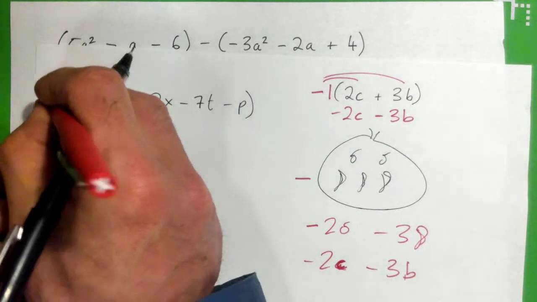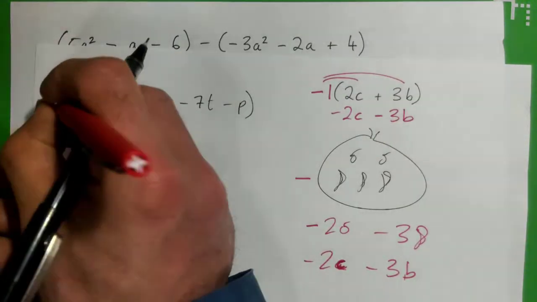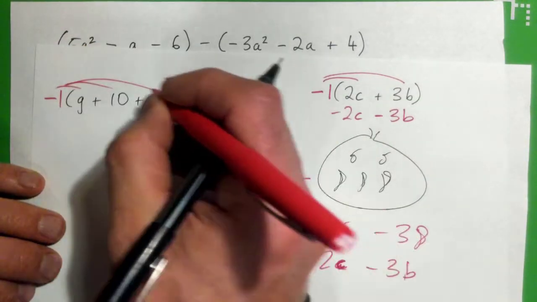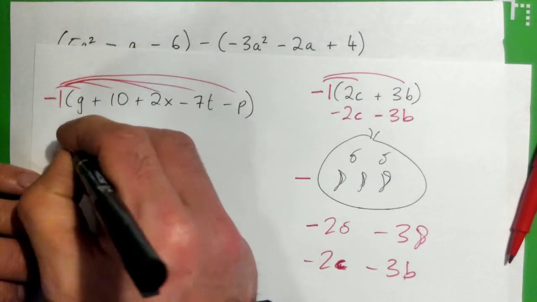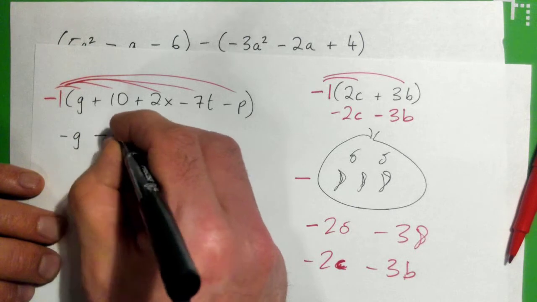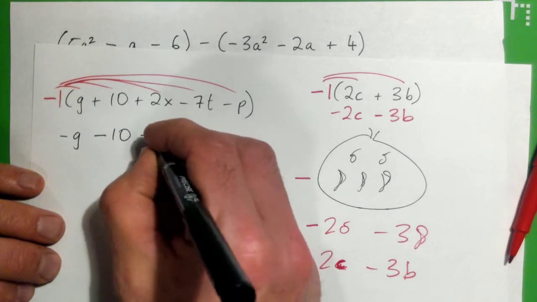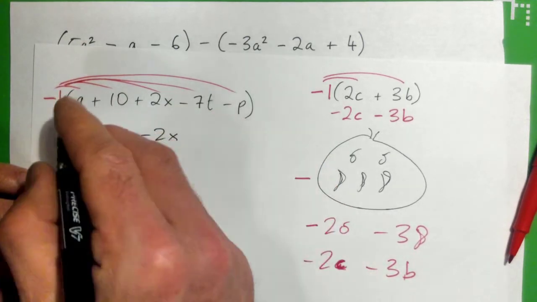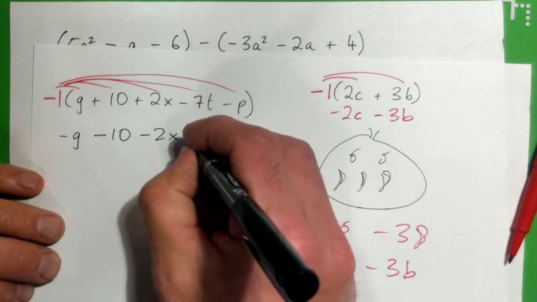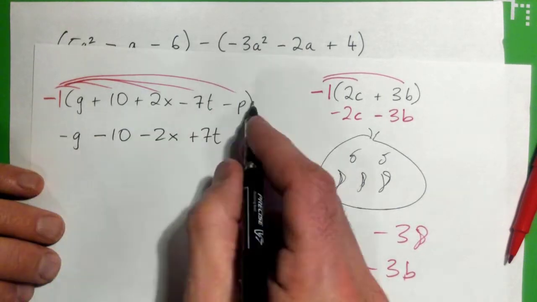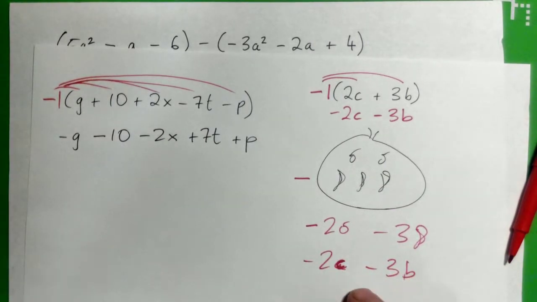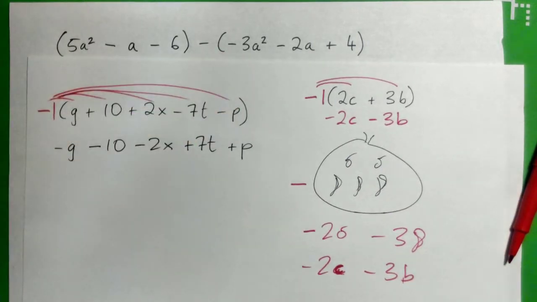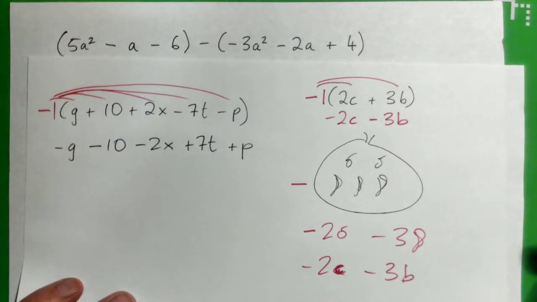If there's a negative outside, that's like a negative 1, and you just multiply everything by negative 1 to get like negative g minus 10 minus 2x. Negative 1 times negative 7t is plus 7t. Negative 1 times negative p is plus p. So that type of thing. Right? So subtracting outside of the parentheses is like multiplying by negative 1. So that's the key here.